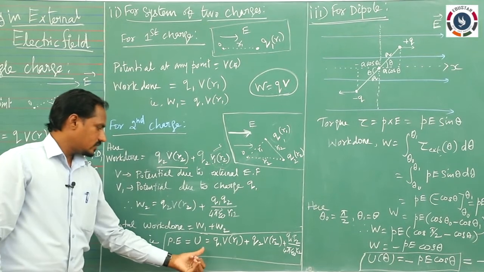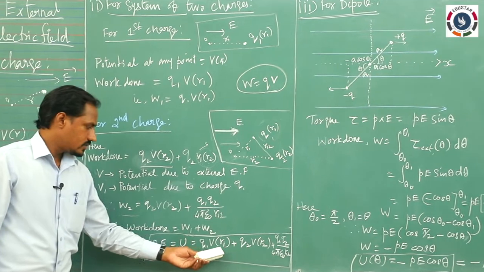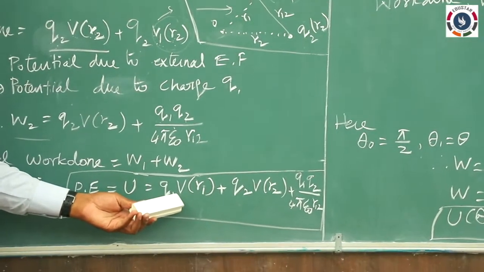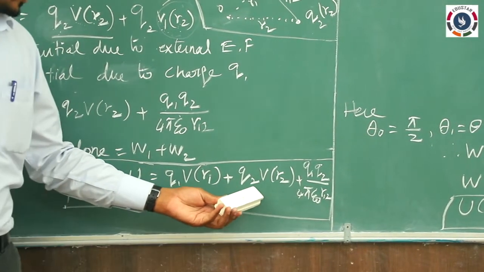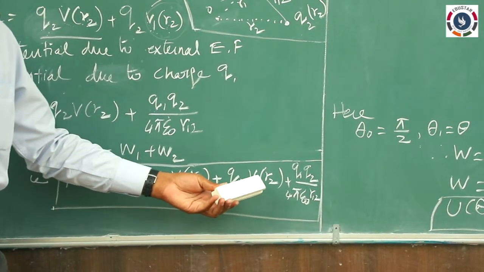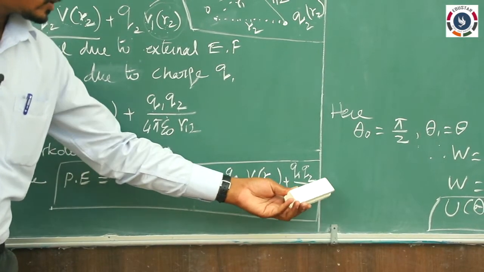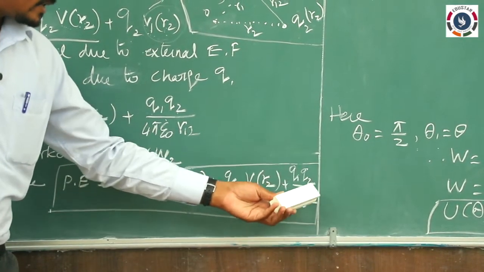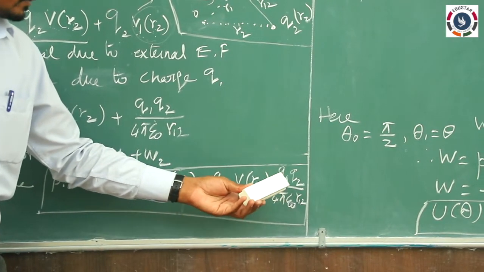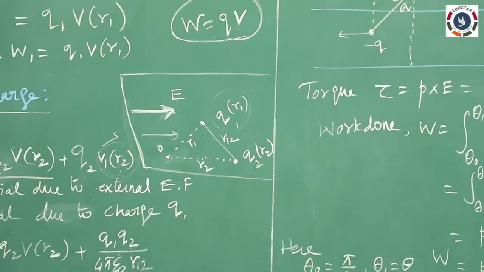It can be written as U equals q1 V of r1, the work done for the first charge against the electric field, plus q2 V of r2, the work done for the second charge due to the external field, plus q1 q2 by 4 pi epsilon naught r12, the potential energy between the two charges.